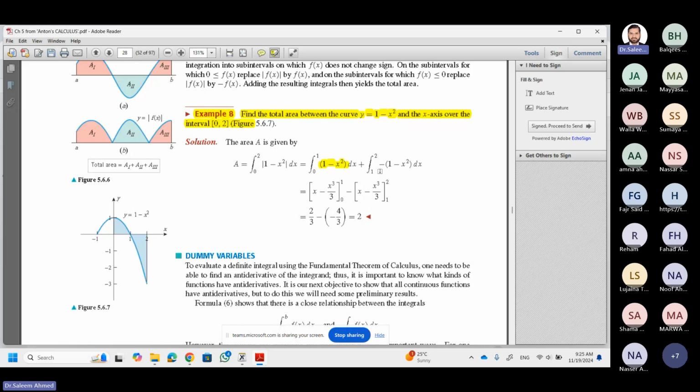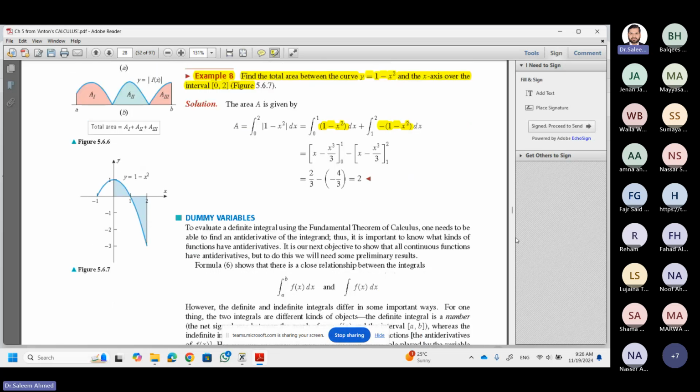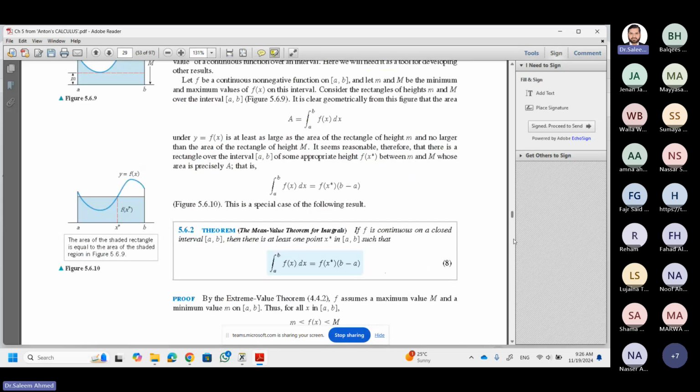But from 1 to 2, I wrote the same function with negative sign because it was a negative function in this interval. So area will be 2. If you integrate it directly, then the answer will not be 2. That will be the answer of the integral, but it will not give you the area.